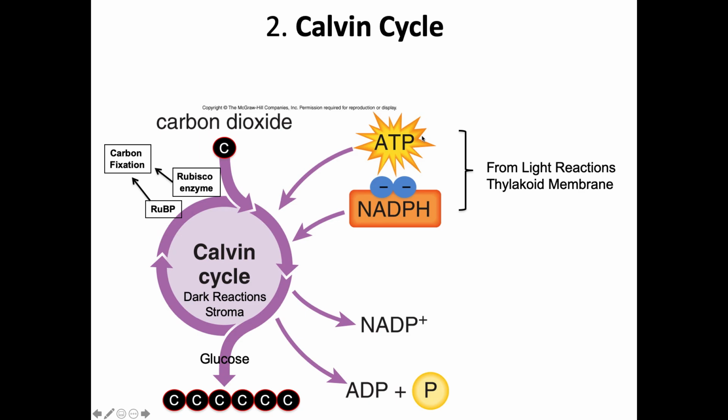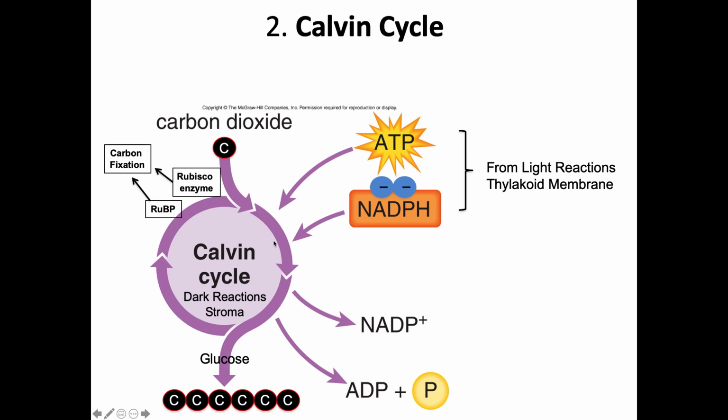So now we are going into the Calvin cycle that occurs in the stroma. Sometimes this Calvin cycle is called the dark reactions, just because you don't directly need sunlight to proceed. You just need the products from the light reactions, which are ATP and your coenzyme NADPH.